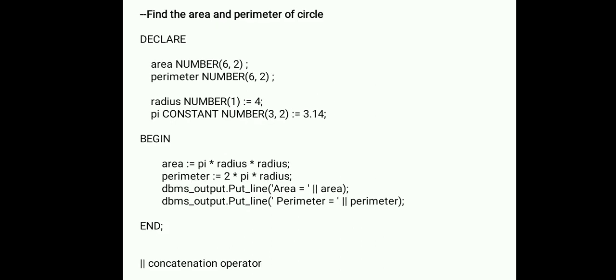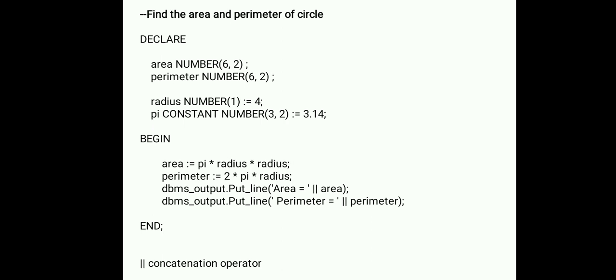Then if you want to find the area and perimeter of a circle, the variables you'll need are area, perimeter, radius and pi. So in the declare section you must declare the 4 variables. Whatever data type you want to provide, like number, float or constant number, you can provide in front of the variable name.